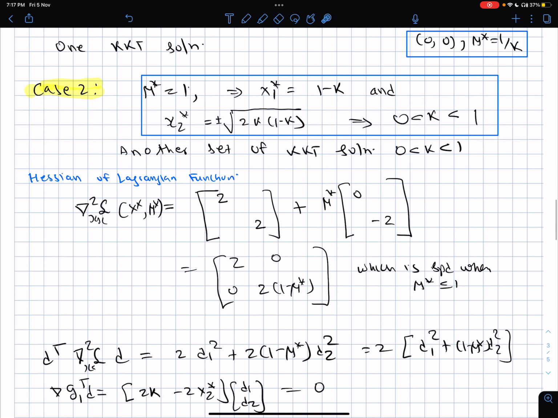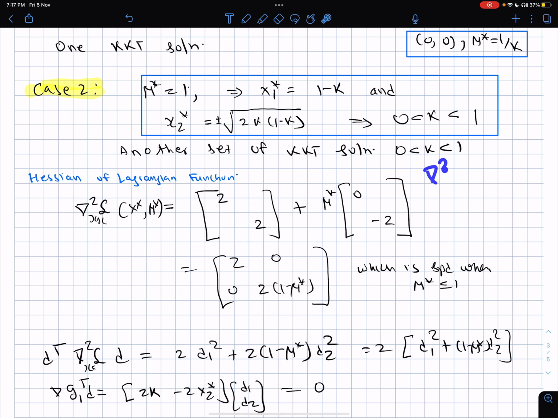Now let's write the Hessian of the Lagrangian function. So what was the objective function? X1 minus 1 whole square plus x2 square. So therefore twice partial derivative with x1 will give you 2, twice partial derivative with x2 will give you 2. Since there are no interacting x1 and x2 terms, the off diagonal term will come out to be 0. So this is my del square of f.